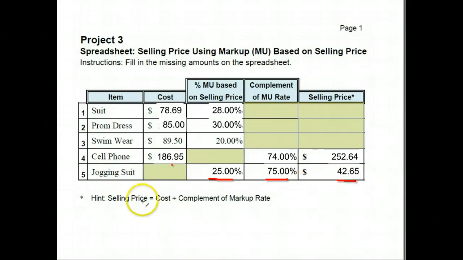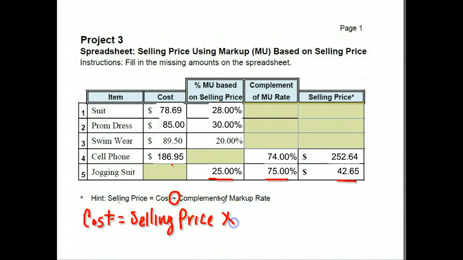Okay, so here's the hint that they gave us, that the selling price is the cost divided by the complement. But this time we're trying to find the cost. So instead of dividing, what we're going to have is the cost is using multiplication. It's the selling price times the complement of the markup rate.